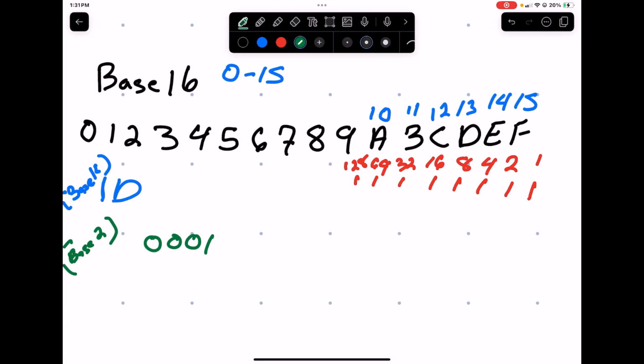So can we subtract 8 from it? Because remember, we're only going to be using the first 4 bits. So the answer is no. Can we? Oh, wait a minute. Yes, we can. I was looking at the wrong number. So, yeah, we can. So we got 13 minus 8.